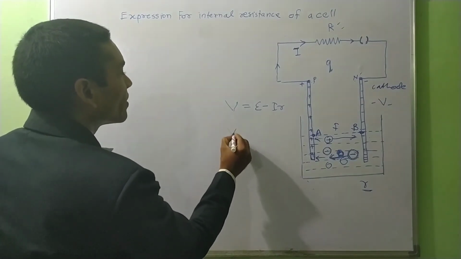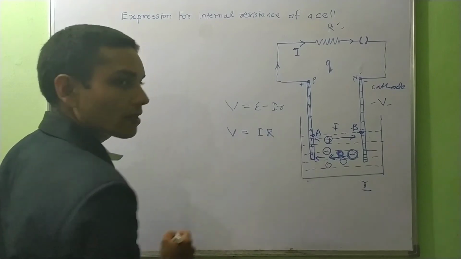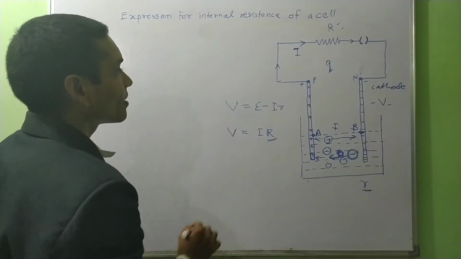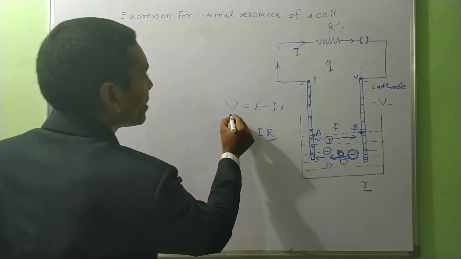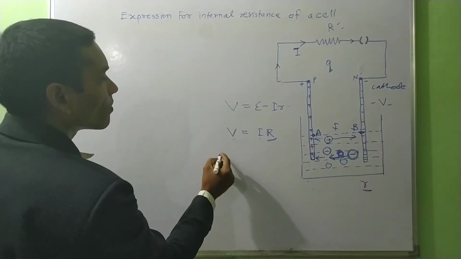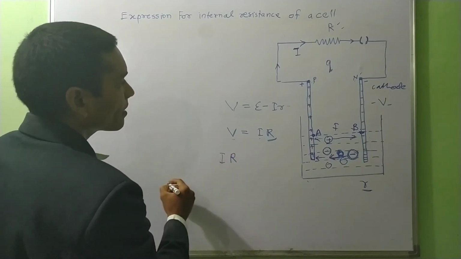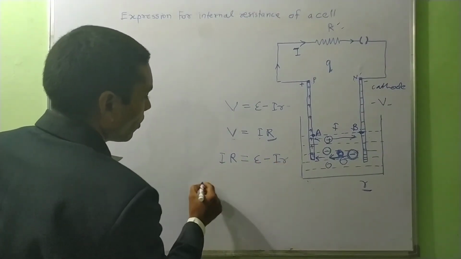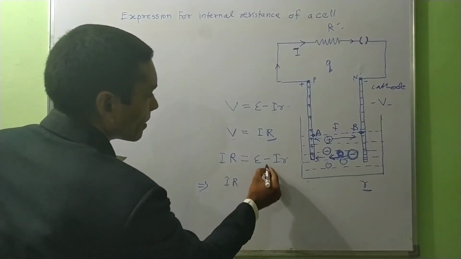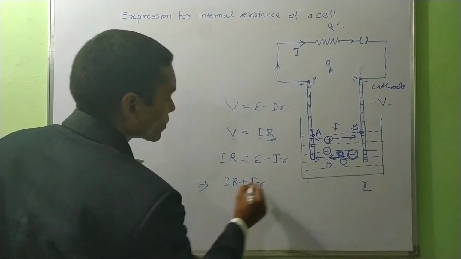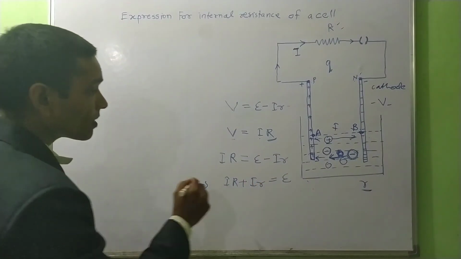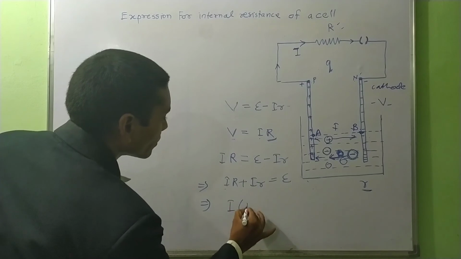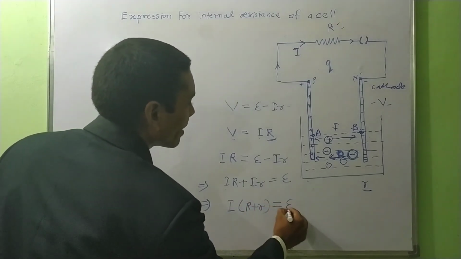From Ohm's law, V is equal to I into R, where R is the resistance and I is the current flowing through it.